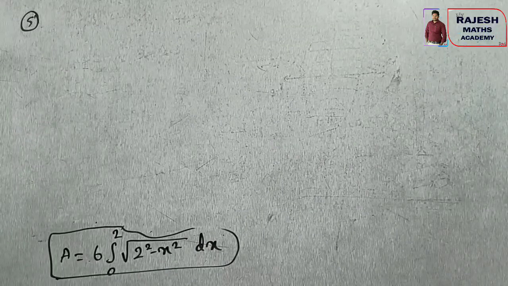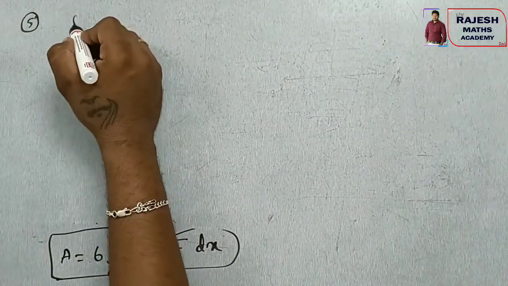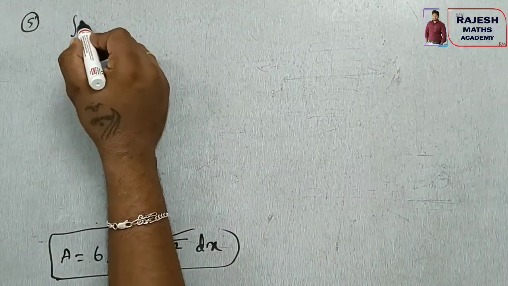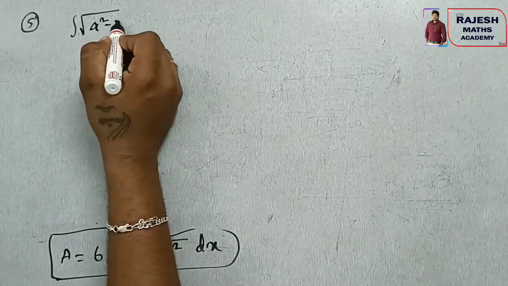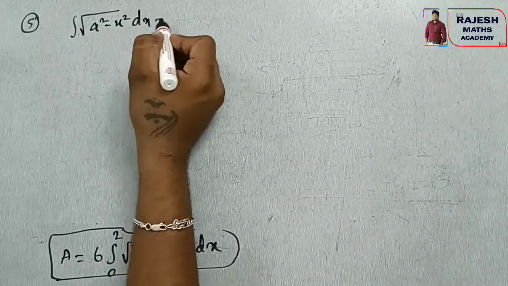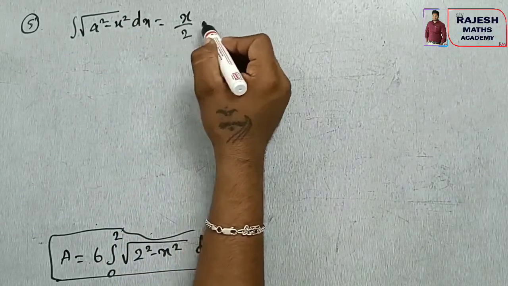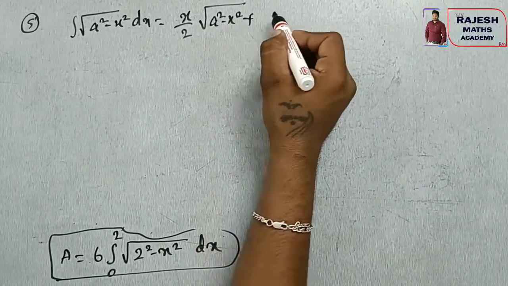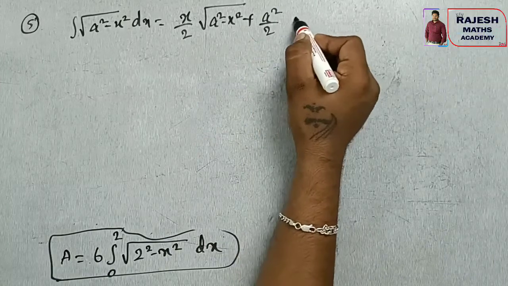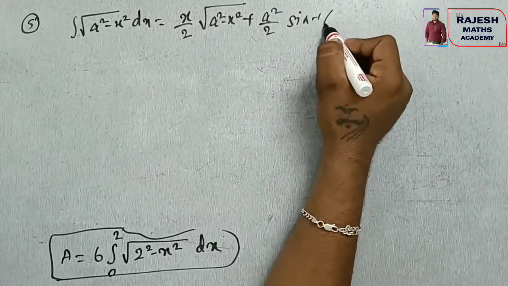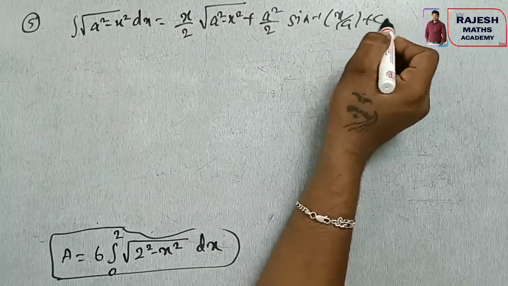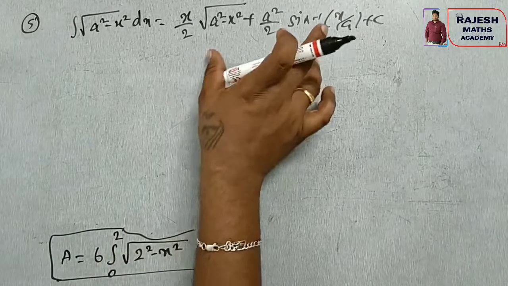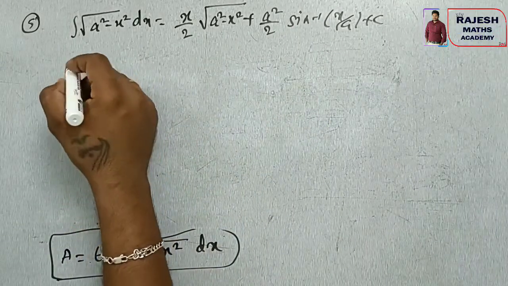So what is the formula? Already we have learned in the previous chapter, integral of root of a square minus x square is x divided by 2 times square root of a square minus x square plus a square divided by 2 times sine inverse of x by a plus c. I'm going to apply that same formula here. So what is the value of a?